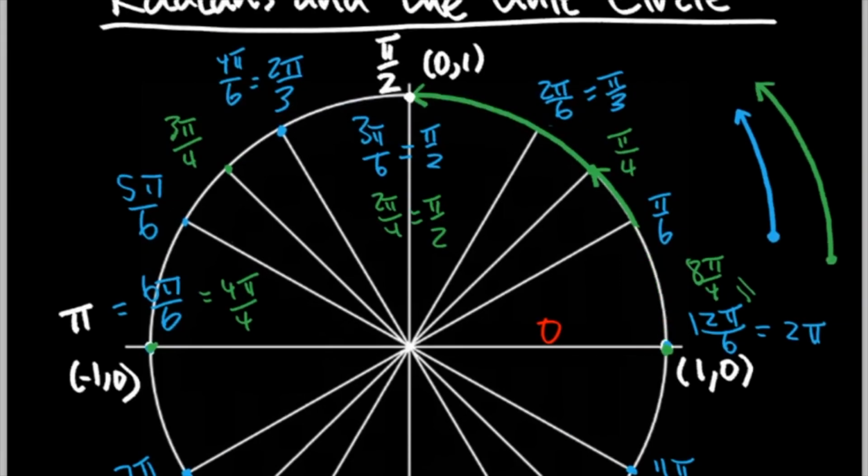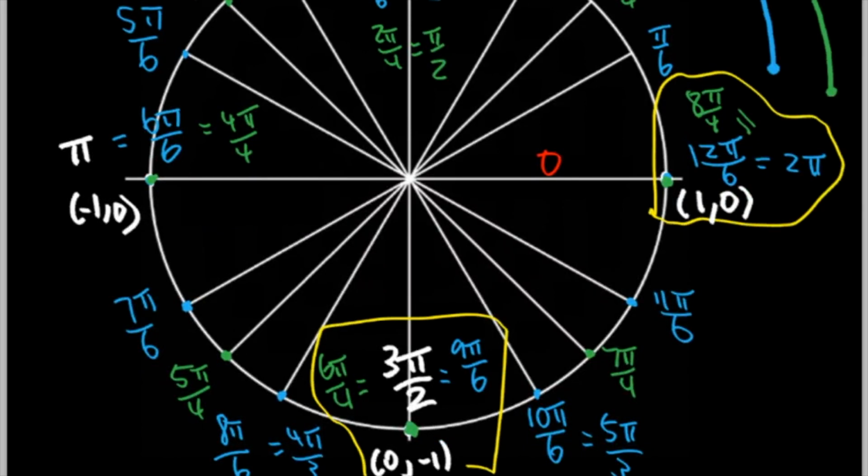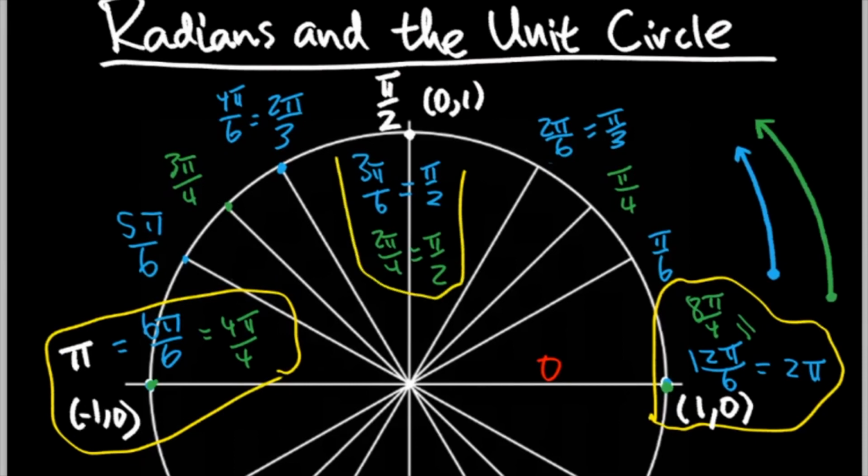Alright, so let's just erase this so we only see the angles, and let's just look at a few different patterns here. So for one thing, at the 4 compass corners, you have the pi over 4s and the pi over 6s giving you an angle, versus at every other point, pretty much you have either the pi over 6s or the pi over 4s giving you angles.